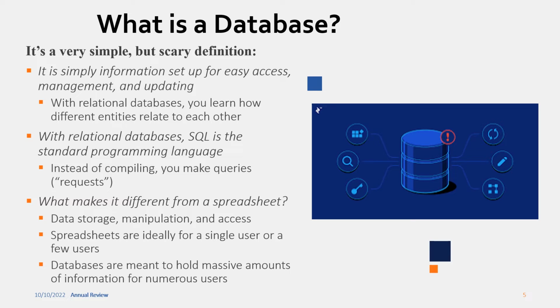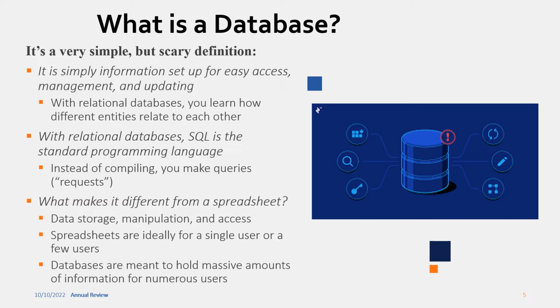Now, for relational databases, the standard is SQL, or people sometimes also pronounce it as sequel. So instead of compiling into machine code, as in object-oriented programming, you're going to make requests for data, also known as queries. That is where you get to display and showcase the information how you like in a table format using SQL.